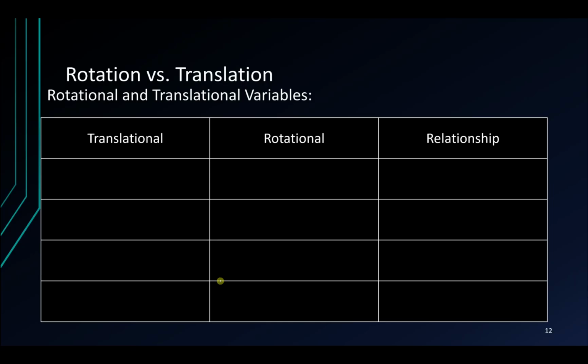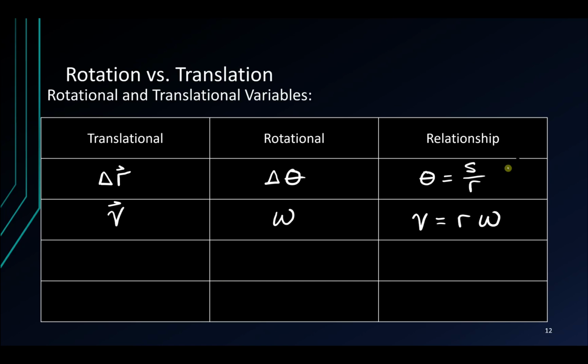So just like we had kinematic equations for translational or linear motion, we also have kinematic equations for rotational motion, right? In translational, we had our change in position. In rotational, we have our change in theta, and we have this relationship between the two. In translational, we had linear velocity. In rotational, we have angular velocity. And we have this relationship that allows us to convert between linear and rotational velocities.